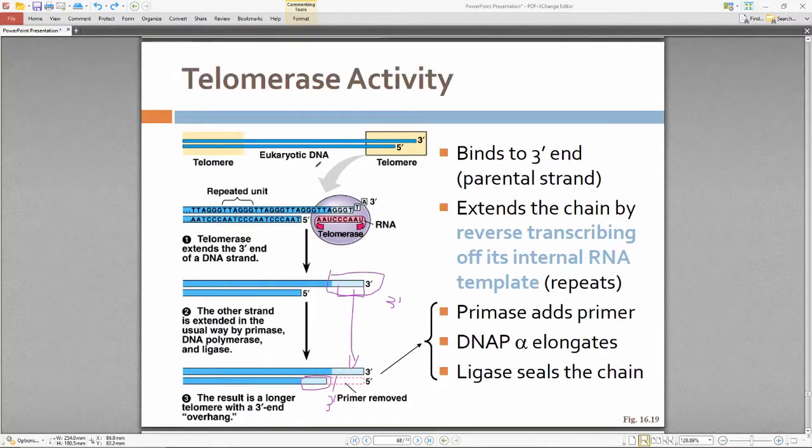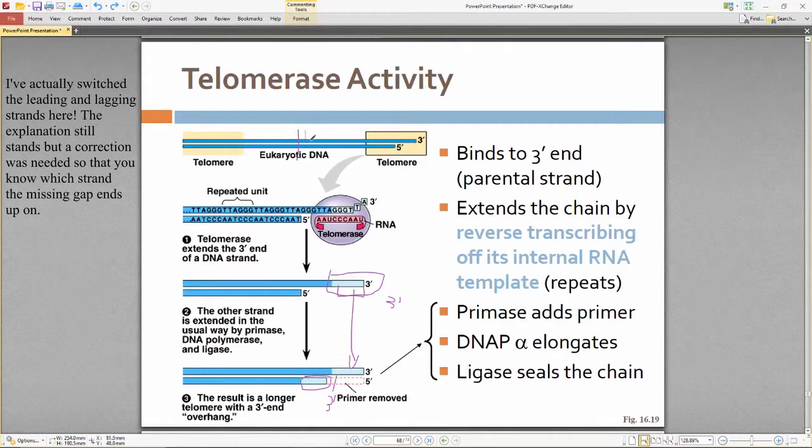I understand your question. Let's say that we have an ORI here, an origin of replication right here. If you have a leading strand over here, which that's not true. This is a lagging strand. This is the top side. Then this side is a leading strand.